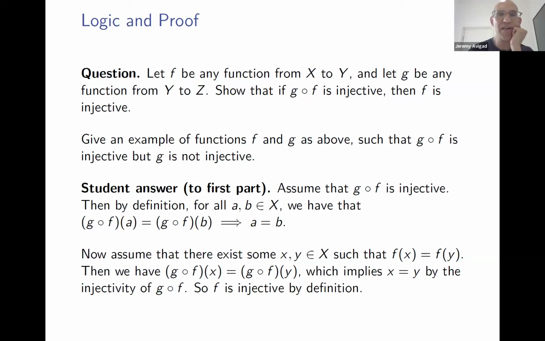And so one negative thing is that the student here uses the double arrow. I don't think they got it from us. I don't think we use it on the blackboard, but we tell them, in proofs, use language for the logical connectives. Don't use the arrow. And then a more annoying error is the "now assume that there exists some x, y in X."